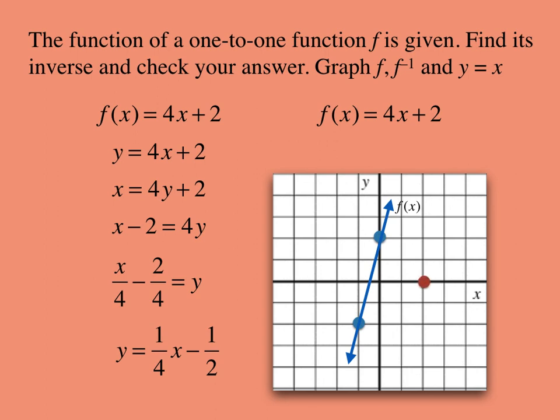The other point that lies on this curve, (-1, -2). Let's switch those inputs and outputs and do (-2, -1). So here is my function f inverse of x. And in fact, when I graph the line y equals x, I notice that the function f and the inverse f inverse of x, these are reflections across the line y equals x.